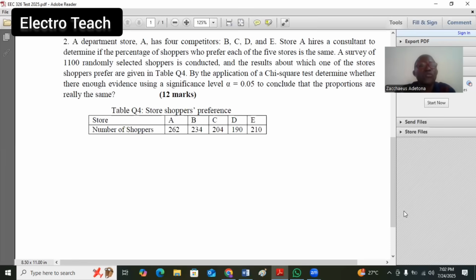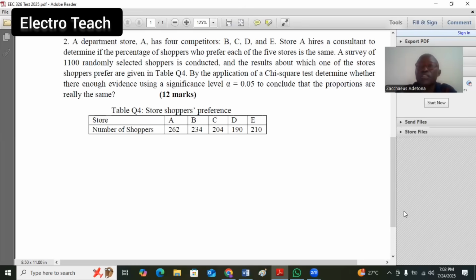A survey of 1,100 randomly selected shoppers is conducted, and the results about which one of the stores shoppers prefer are given in table Q4. By the application of a chi-square test, determine whether there is enough evidence using a significance level alpha equals 0.05 to conclude that the proportions are really the same, and this carries 12 points.